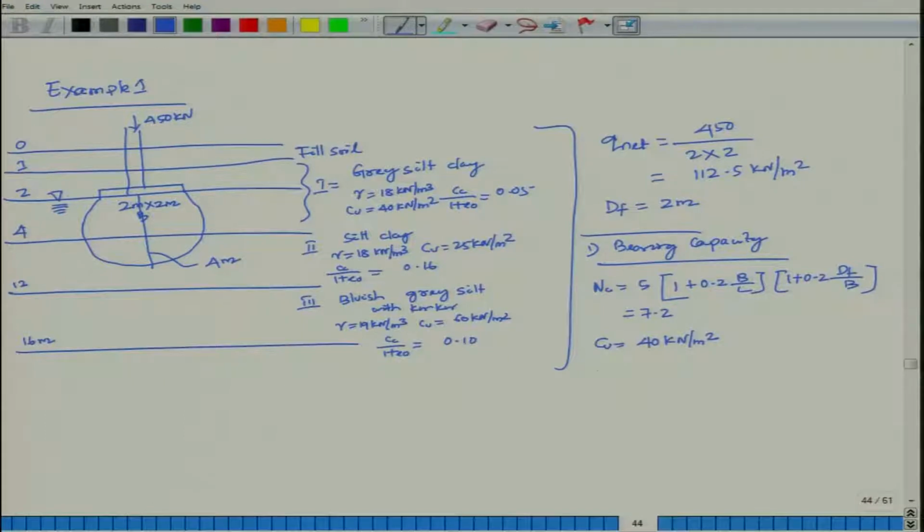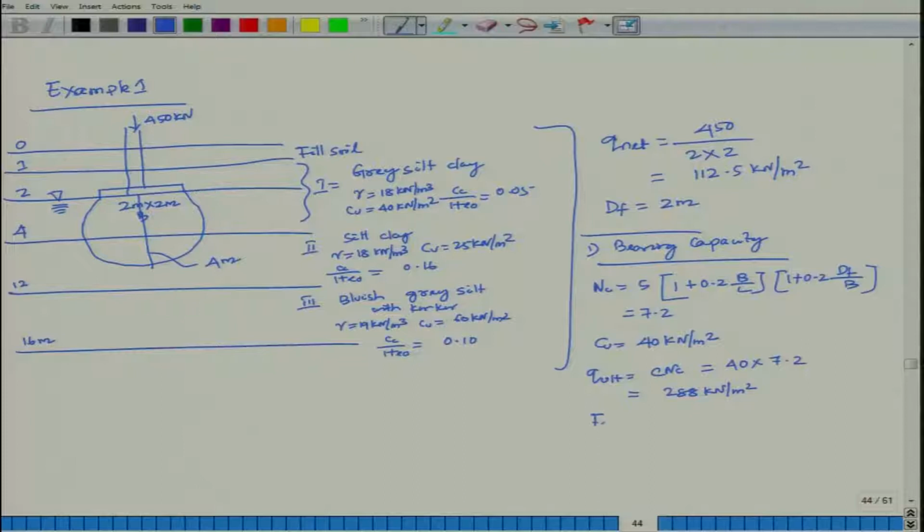Now q ultimate is equal to c Nc, which is equal to 40 into 7.2, which is equal to 288 kilonewton per meter square.